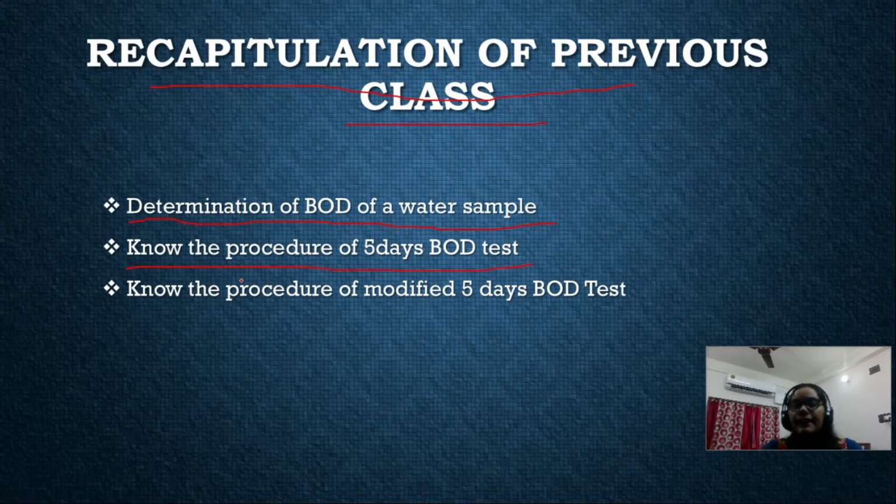In my previous class, I have already discussed the procedure of the 5 days BOD test. Now you knew the procedure of the modified BOD test also. So these are some of the topics that we have discussed so far.